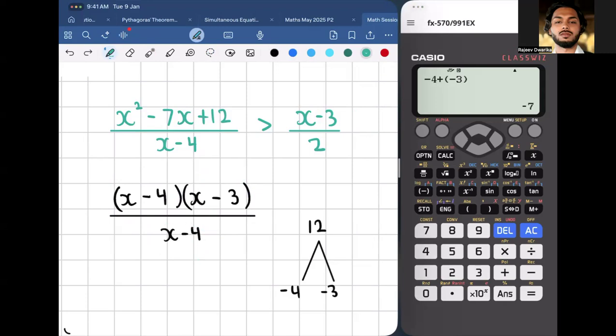So we have a product on top. So now we could actually divide. Do you think we can cancel off anything? Yes, sir. The x minus 4 in brackets, sir.